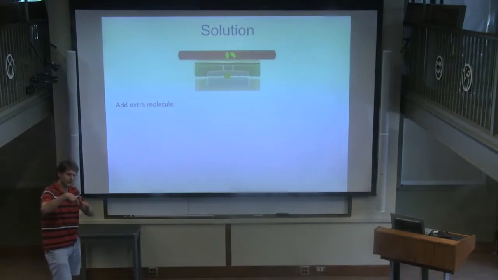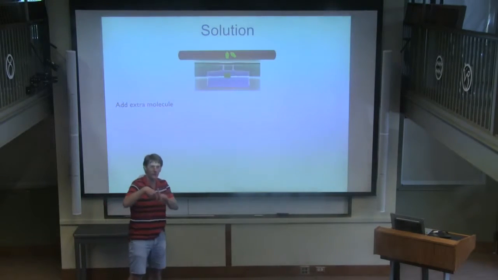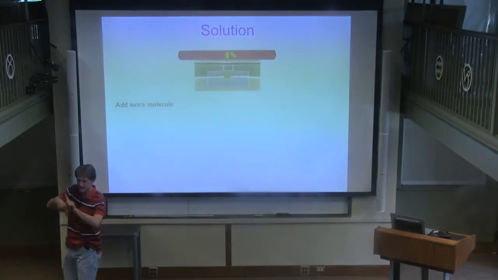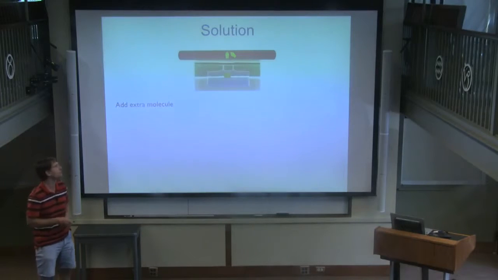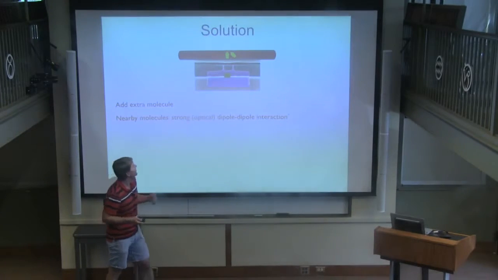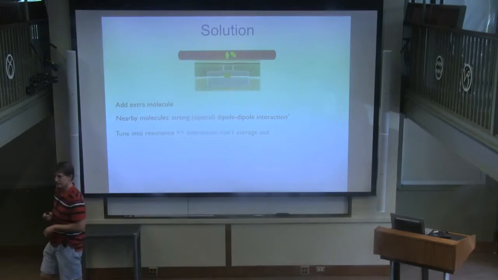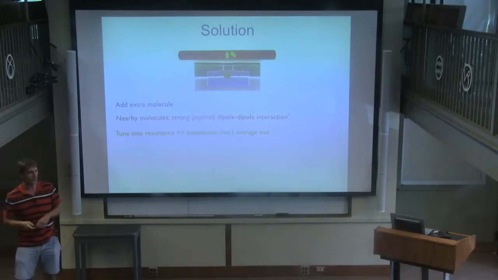If these molecules were very close, it meant that there was an optical dipole-dipole interaction between them. So essentially the excitations were flipping back and forth between these two molecules. So what could happen is that if you tune this into resonance, then this interaction won't average out.